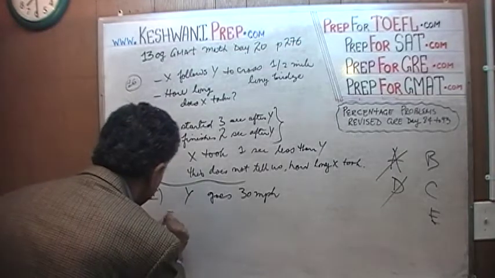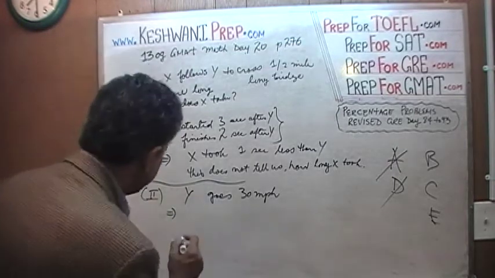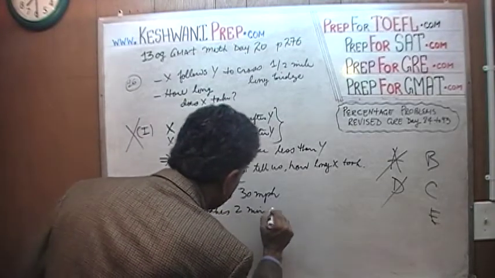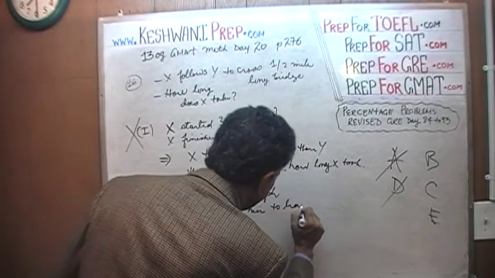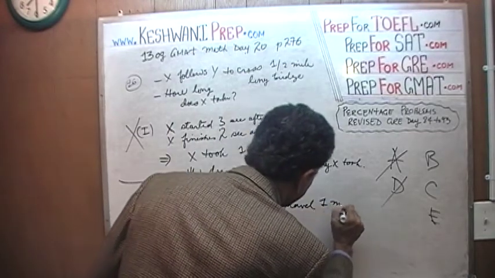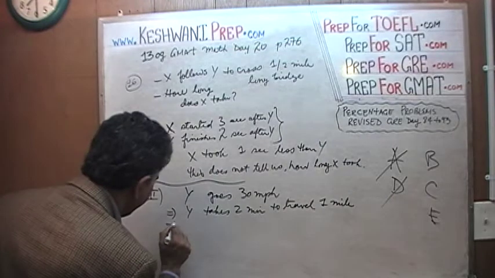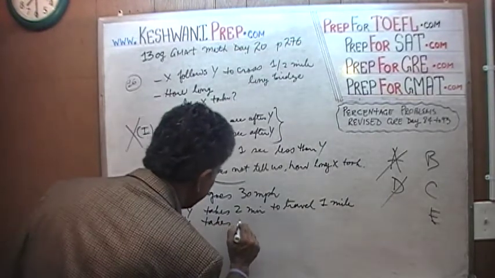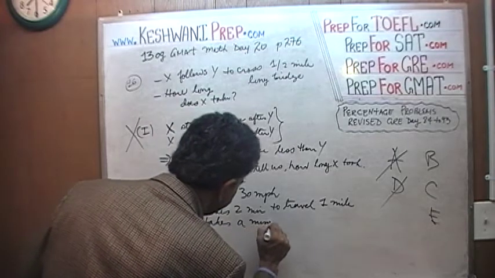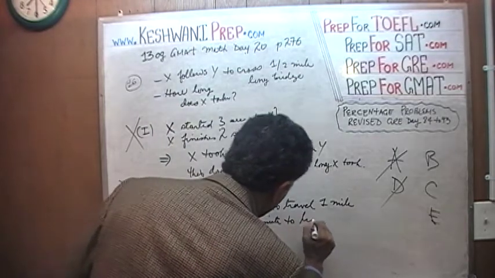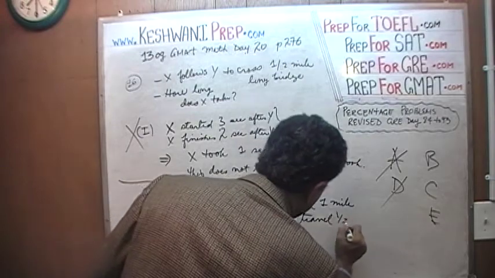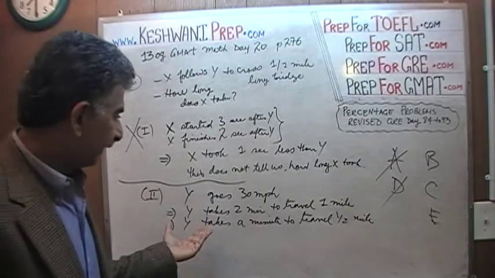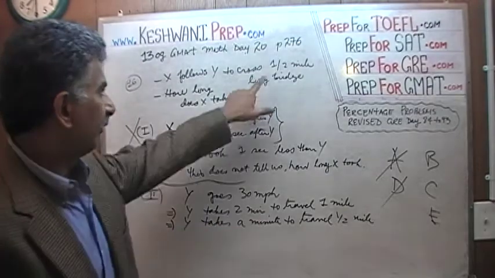If he goes 30 miles per hour, that tells us that Y takes 2 minutes to travel 1 mile, which is the same as saying that Y takes a minute to travel half a mile. So the second statement tells us that Y is going to take exactly 1 minute to cross the bridge, because the bridge is half a mile long.